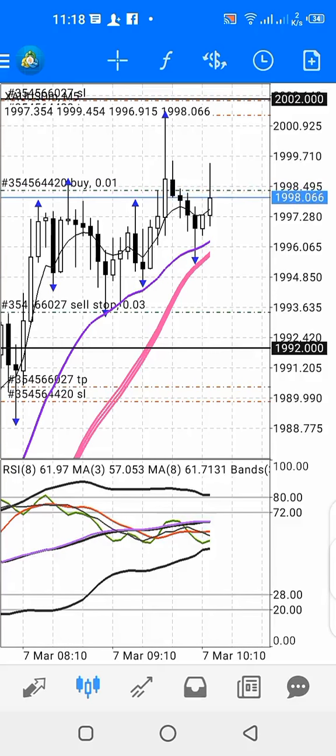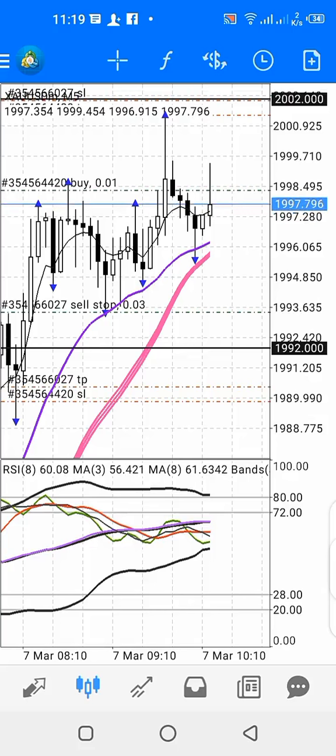Okay, so for this strategy, using 0.01 starting lot size, the minimum balance should be around $250 to $300, so that you have enough room for the lot size of the first hedge trade, which is 0.03, the second hedge trade, which is 0.08, and the third and final hedge trade, which is 0.24.